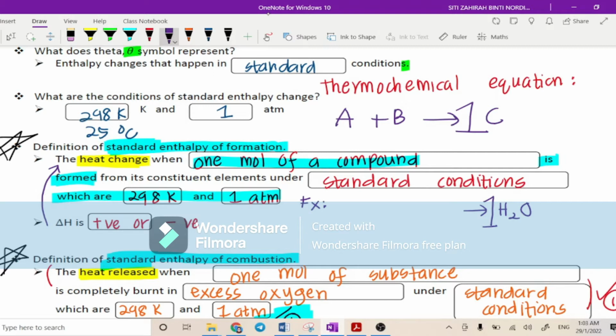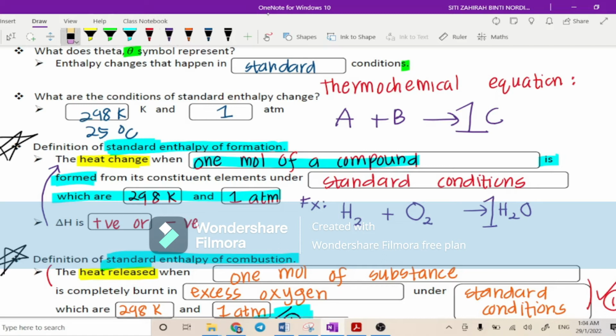So what does it mean by constituent elements? It is the element that you can form in the product, you must retain it as one element. So for example, we have hydrogen, so you must write it as H2 because hydrogen exists as a diatomic molecule. And together we have oxygen in the product, so you must write it as O2. Remember that oxygen is also a diatomic molecule.